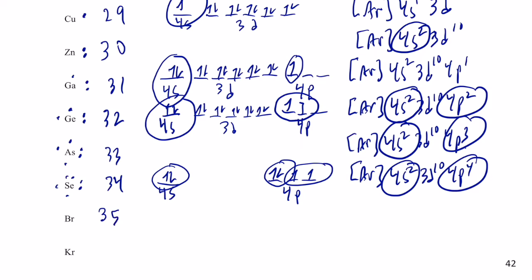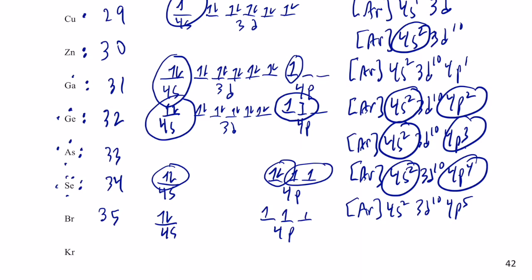Bromine, atomic number 35. So its configuration is argon, 4s2, 3d10, 4p5. So for my orbital diagram, the 4s has a pair, the 4p has 1, 2, 3, 4, 5. So it looks like my dot picture of a pair, 2 more pairs, and 1 by itself.